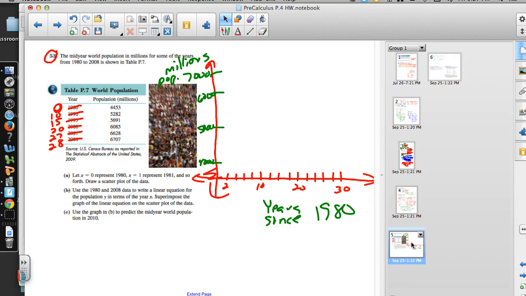All right, draw a scatter plot of the data. We're not done because we need those points. At 0, it's 4,453, so maybe about there. Yeah, a little bit high.